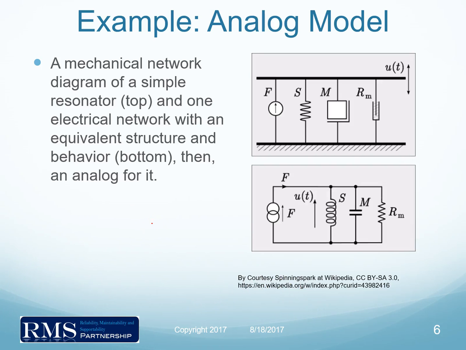And here's an example of the analog model, because the analog model sometimes seems to confuse a lot of folks. So a mechanical network diagram of a simple resonator, which is up on top, and one of the electrical network with an equivalent structure and behavior on the bottom.